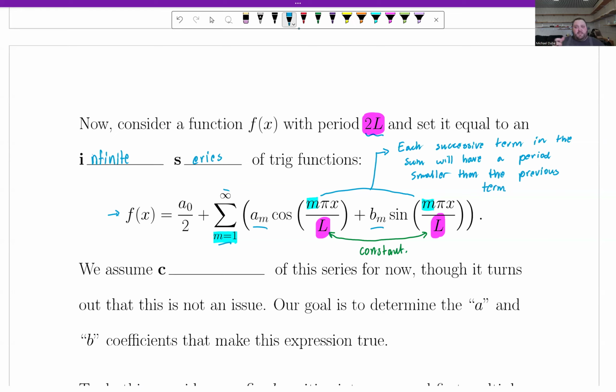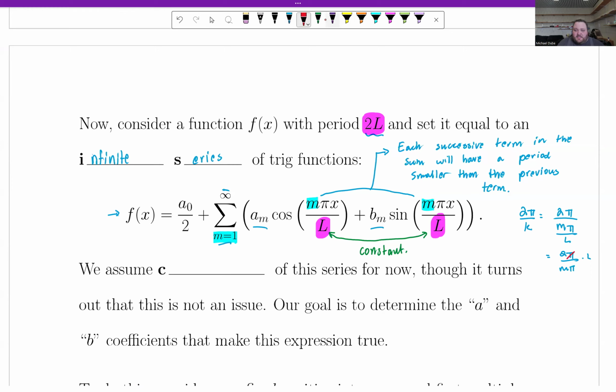And when we do an example with this, you're going to see this happening in practice, okay? So each successive term in the sum will have a period smaller than the previous term, okay? And that's because m is increasing towards infinity, right? And remember that 2 pi over k, which in this case is 2 pi over m pi over L, which is equal to 2 pi over m pi times L, is our period of these functions, right?